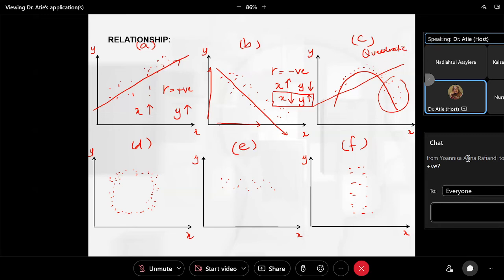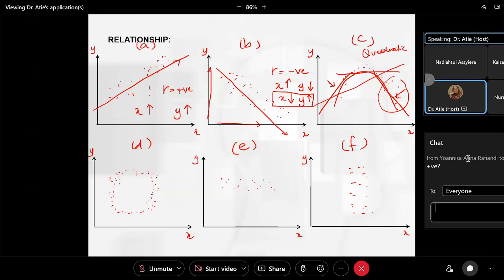Yes, we do have a slope somewhere here and also somewhere here, and a line can also be drawn at the top. So this is what happened in the quadratic. Definitely we have a slope at this point and also here. So there is a relationship in this quadratic line.